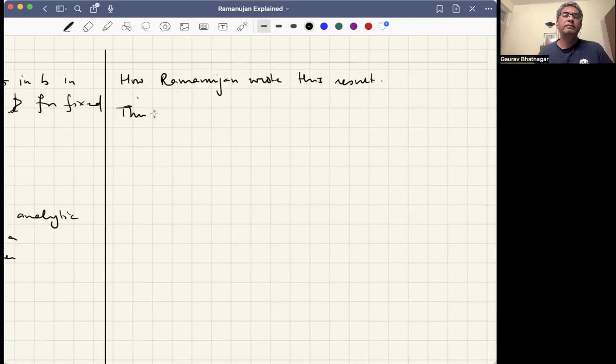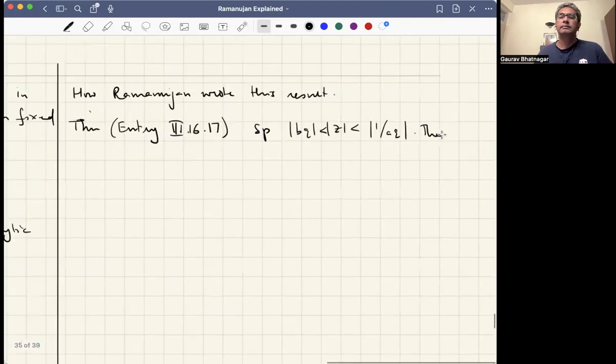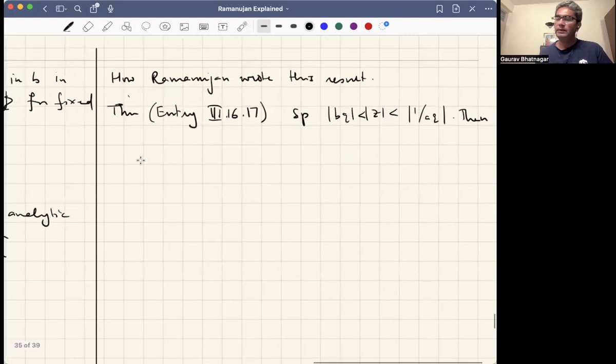So this is the theorem, and I'm repeating the theorem, 16.17. Suppose |b/a| is less than |z| is less than 1, then 1 plus the summation k going from 1 to infinity, 1 over (aq;q)_{2k}. So very much, Ramanujan wrote it quite symmetrically.